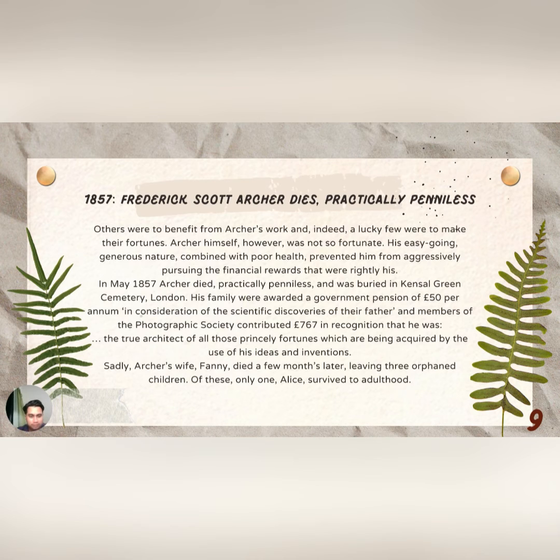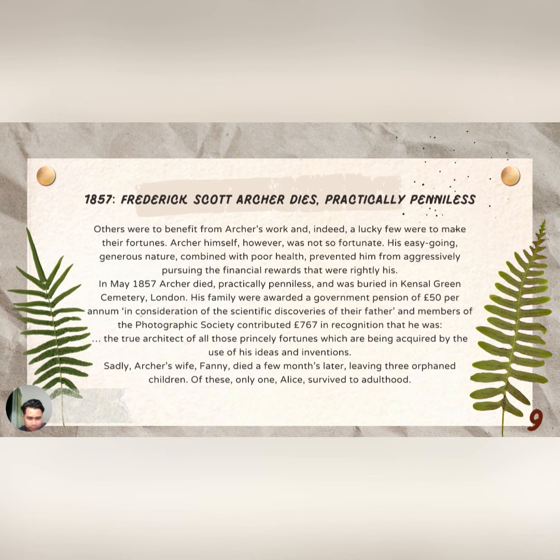In May 1857, Archer died practically penniless and was buried in Kensal Green Cemetery, London. His family were awarded a government pension of £50 per annum in consideration of the scientific discovery of their father and a member of the Photographic Society.